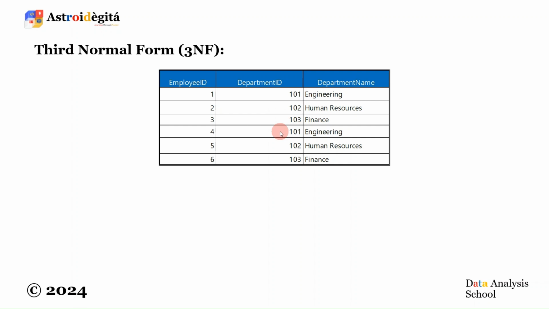To normalize this table, in order to achieve the third normal form, we would create a separate department table with department ID as the primary key and department name, removing the department name from this employees table.